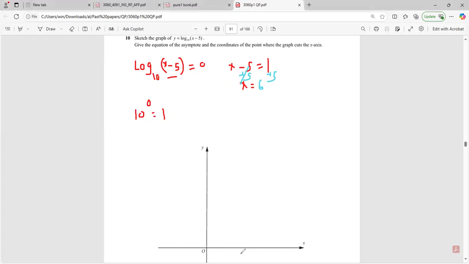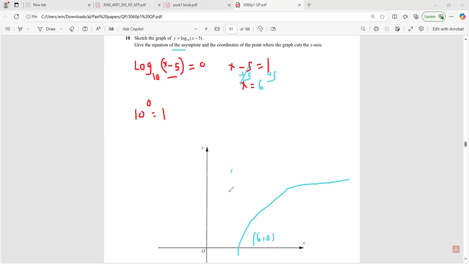Here we have 6 and 0. So here we have x-axis 6, y-axis 0. Give the equation of the asymptote.